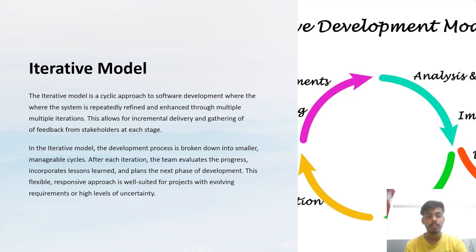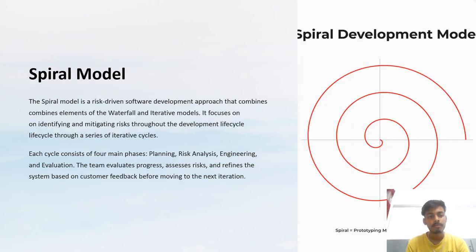Iterative model. The iterative model is a cyclic approach where the development process is broken down into smaller manageable cycles. After each iteration, the next phase of the development is planned and continued. This flexible, responsive approach is well suited for projects with evolving requirements or high levels of uncertainty. Spiral model.